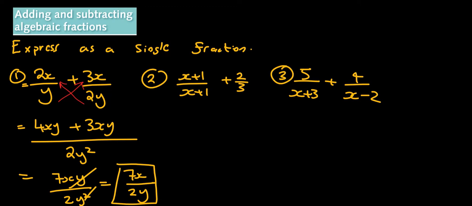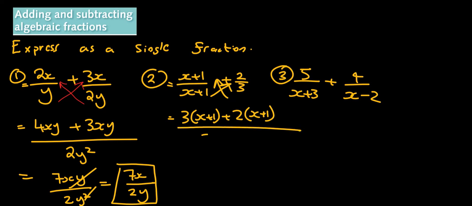So let's cross multiply then. So we've got 3(x plus 1) plus 2(x plus 1) all over 3(x plus 1). We factorize before we cancel. So we can combine these to get 5(x plus 1) all over 3(x plus 1).